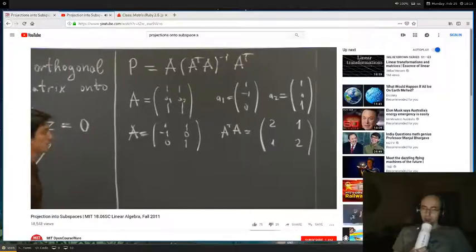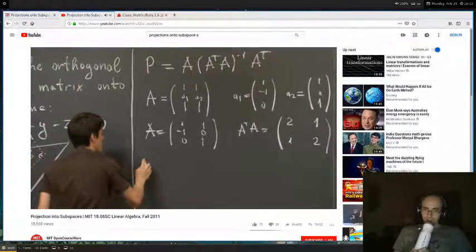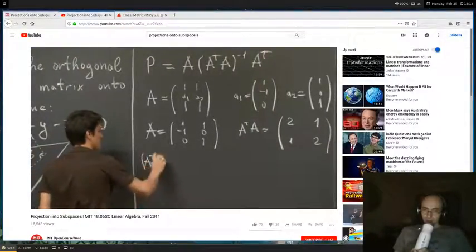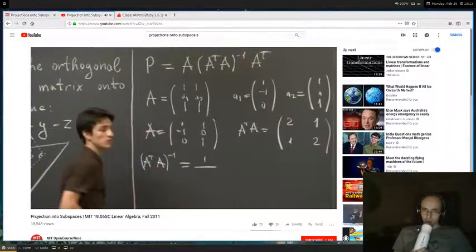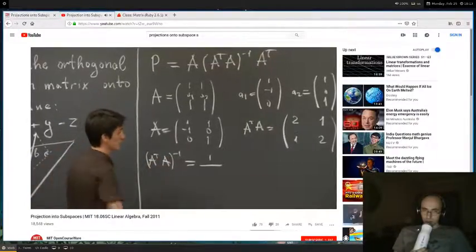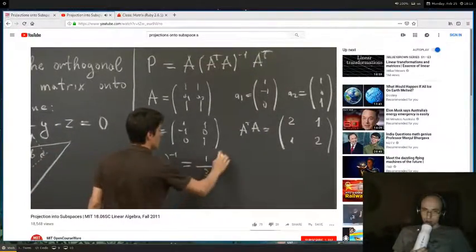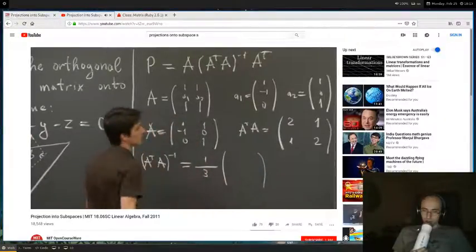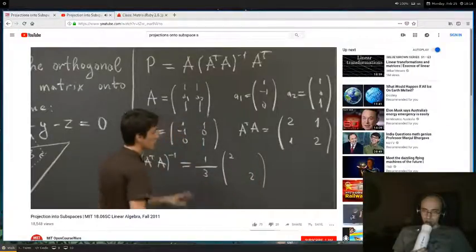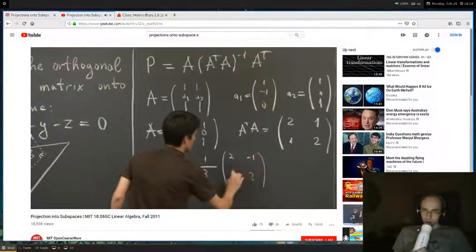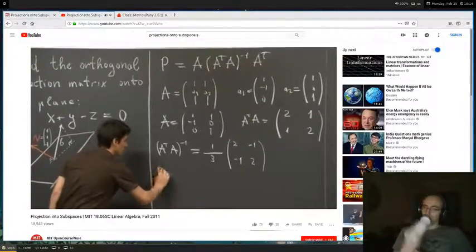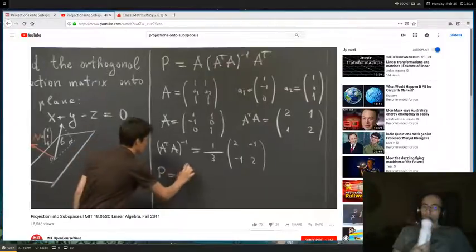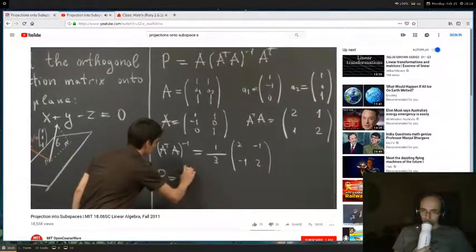Now we shall invert it. Using the familiar formula, 1 over the determinant, 2 times 2 minus 1, which is 3. And so we switch the diagonal entries, and we flip the signs of the off-diagonal entries. And therefore, the projection matrix is given by the following product of matrices.